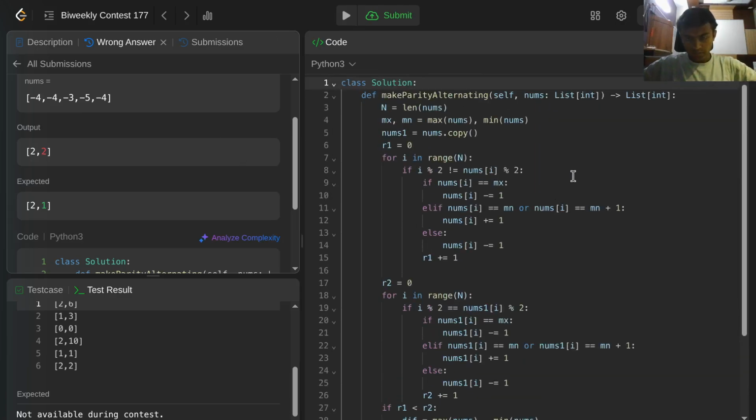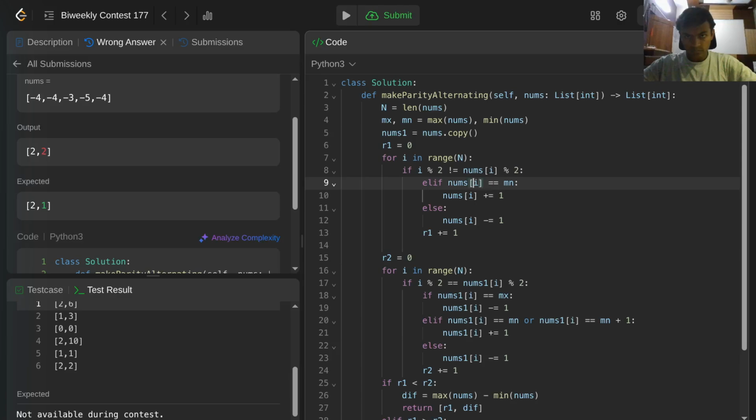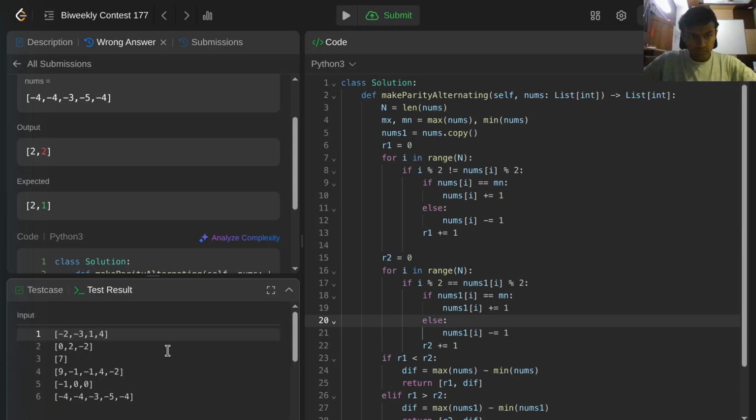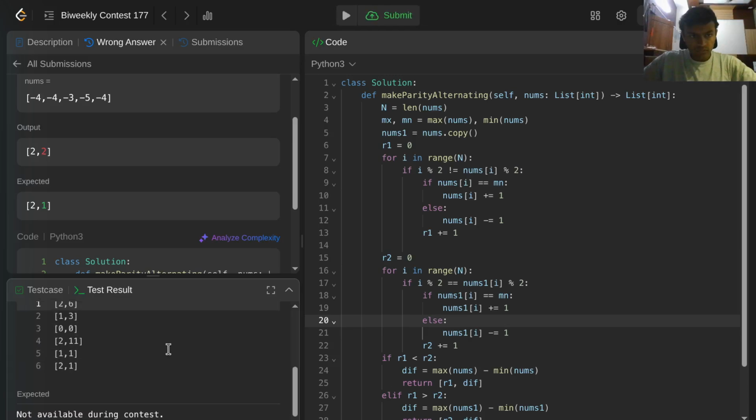What is, if it's minimum, we increase it, right? So we decrease it to 11.